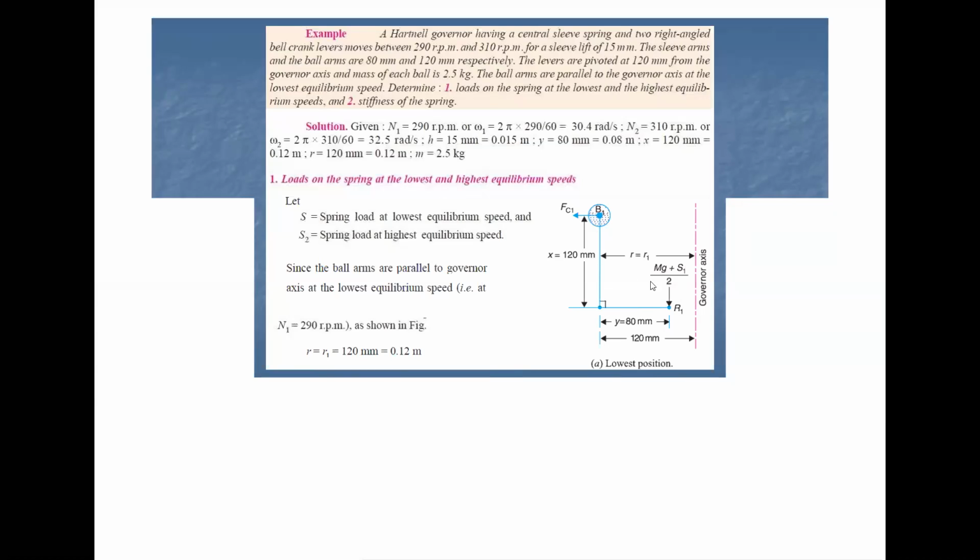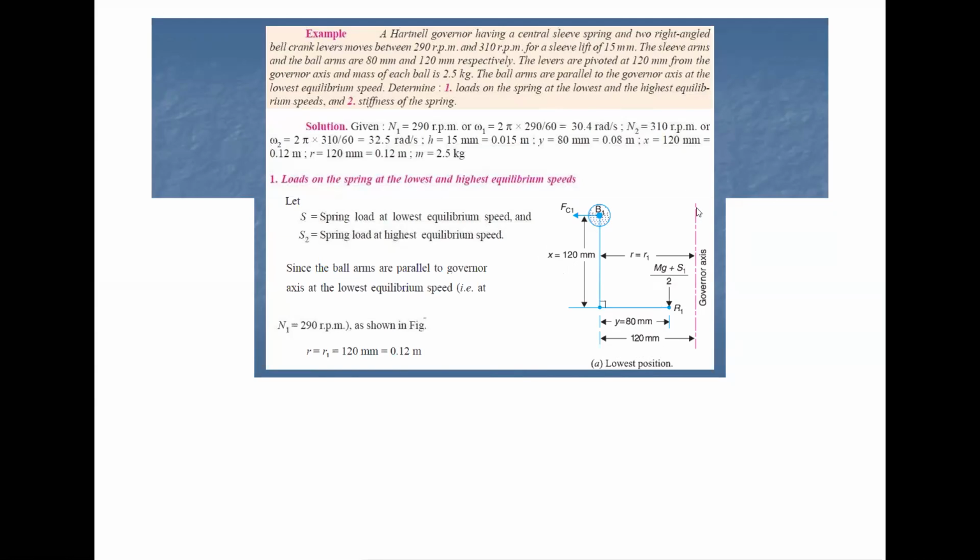The y value is 80 and the x value is 120. And what is the r value? It is 120 mm, r equals 120, which is also represented in our diagram.